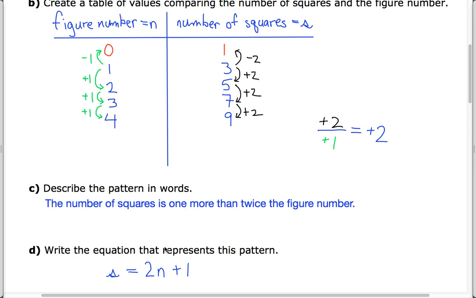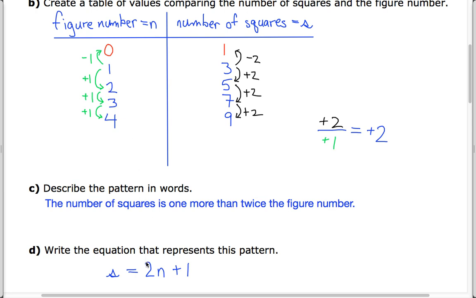Now just to prove that this works in each case for the values that we have in our table here, let's use s equals 2n plus 1 to check that we get the correct s value for each n value. So if n equals 1, s is equal to 2 times 1 plus 1. That would be 3. So that works.